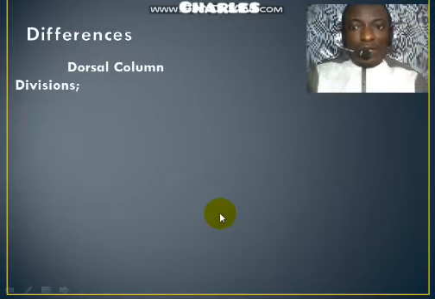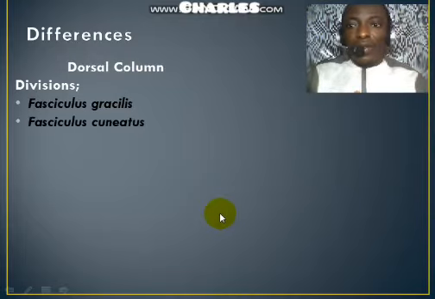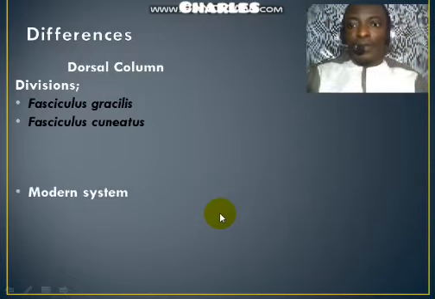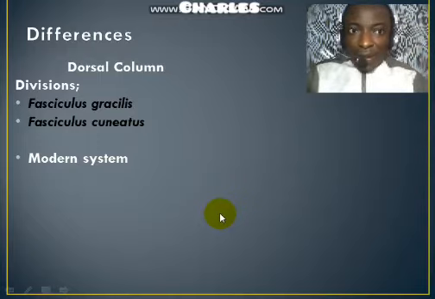This system has two subdivisions. The first one is the fasciculus gracilis system, and the second one is known as the fasciculus cuneatus system. They are modern pathways. They are not primitive but modern.